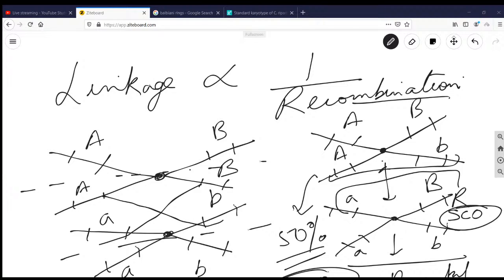25 done. Question number 26. Which enzyme will be produced in a cell if there is a nonsense mutation in the LAC-Y gene? It is one of the tough questions, but it is asked in the NEET examination a lot. The question is about a nonsense mutation in the LAC-Y gene. Just think about it. LAC-Y codes for what?